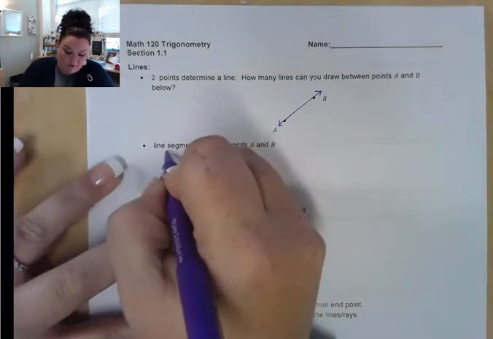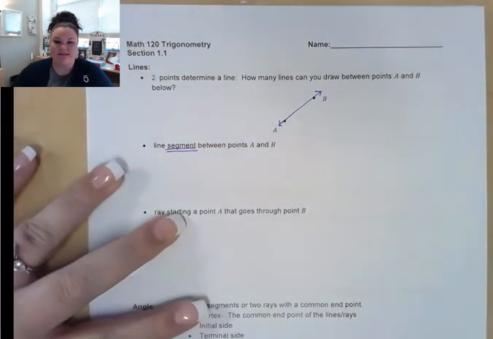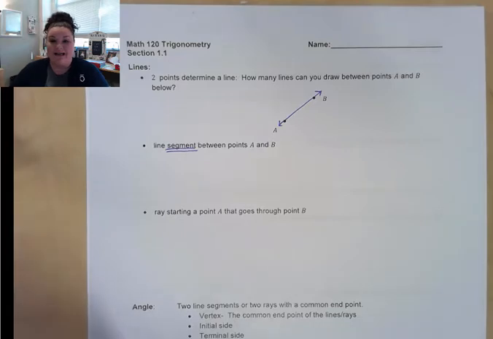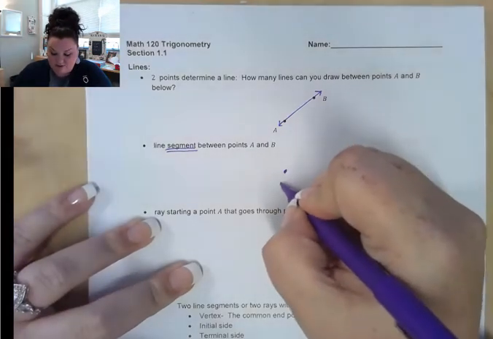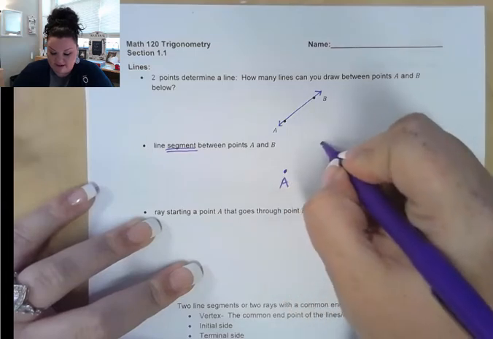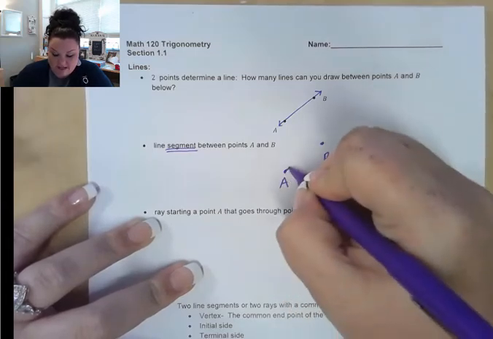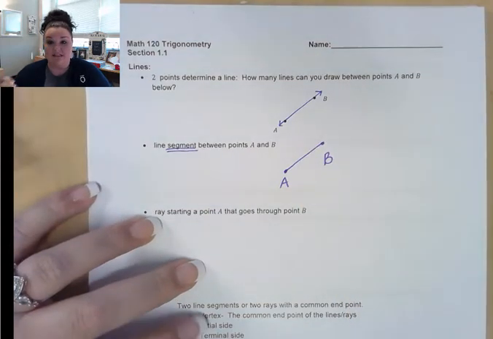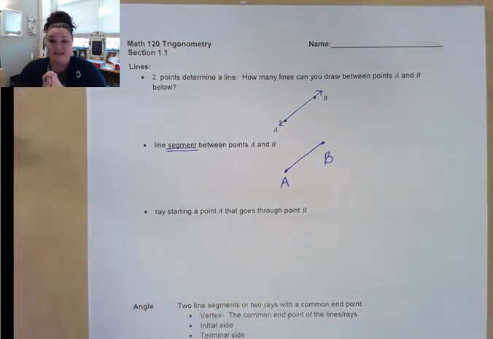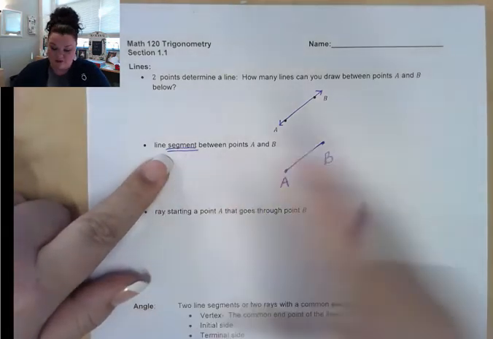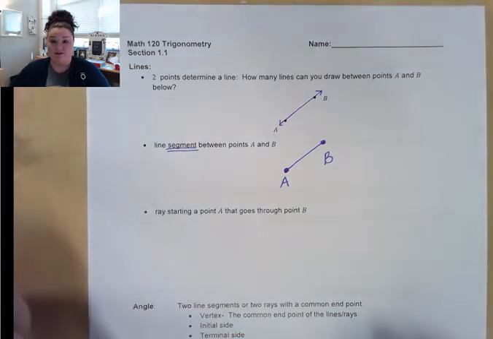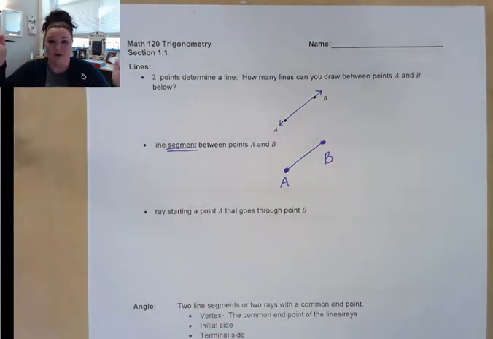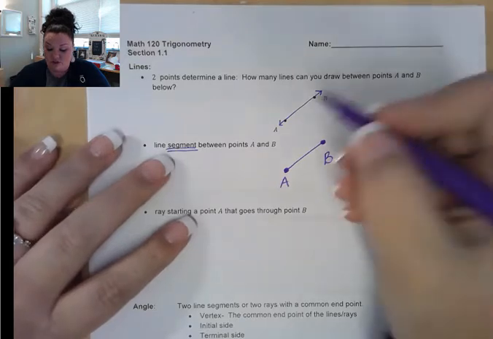The next thing I want to point out, a little blast from the past, is the difference between a line and a line segment. If we had a line segment, we could demonstrate this again with A and B. A line segment has a defined start and stop point, so it begins at A and it ends at B. Anytime you see the word segment, we know that we have dots that cut off our line. There are no arrows showing that they keep going in both directions, which is true of a line.